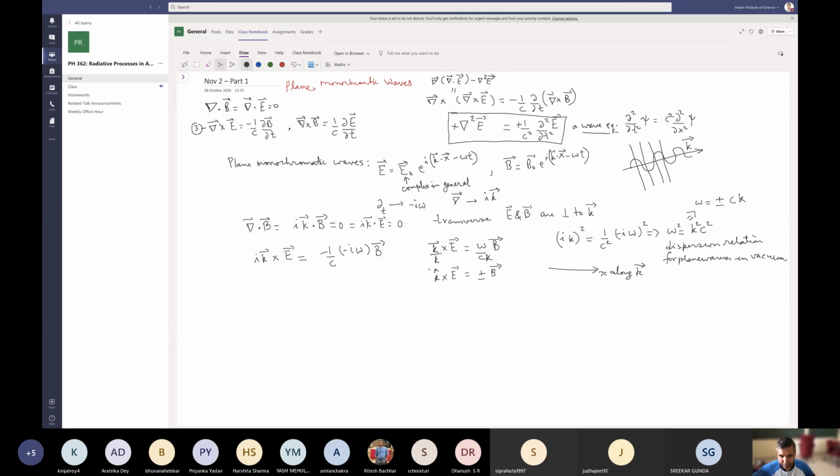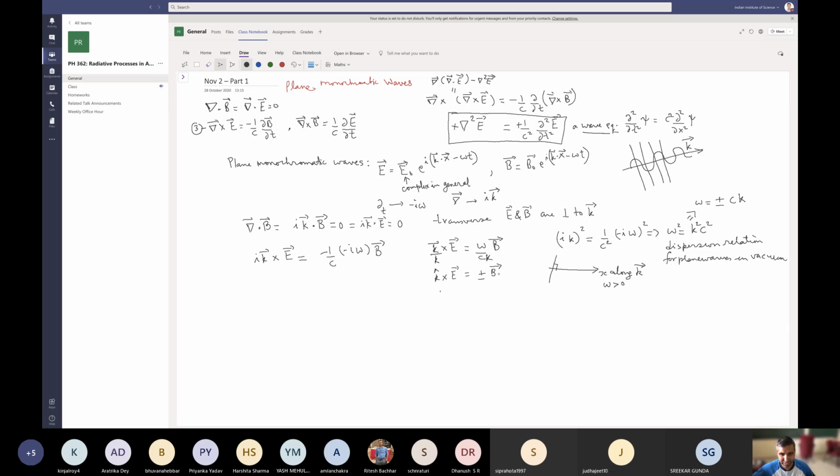then this is like x hat, this is E, and if the x-axis is along k, and we are choosing omega greater than 0, then k is along x, and this is like a triad. E and B are in the perpendicular plane, of course, right? Because k dot E and k dot B are 0, and k cross E is for a positively propagating light wave.